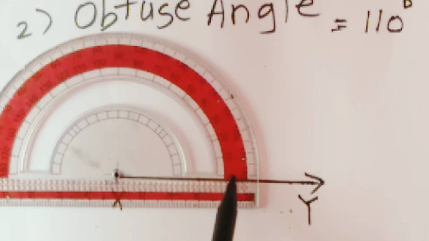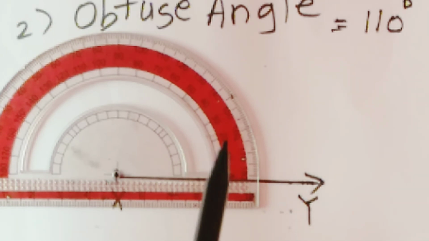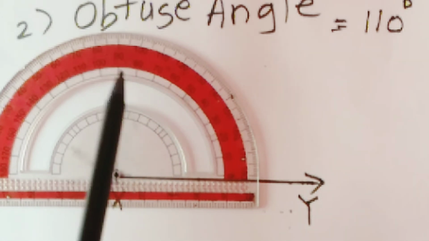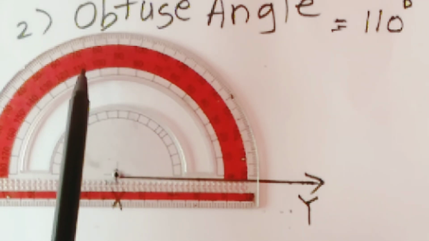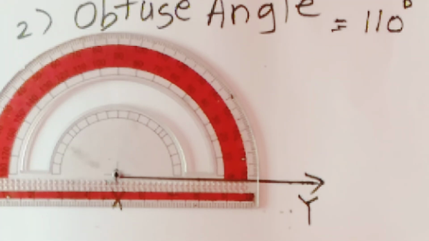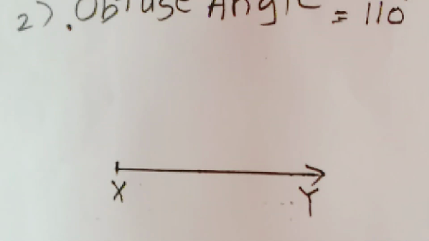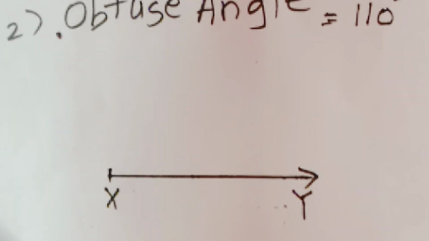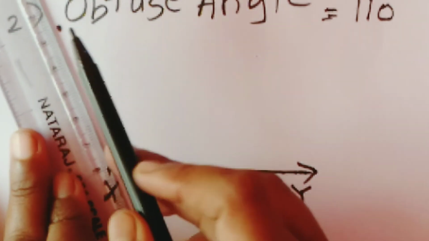From 0 here: 0, 10, 20, 30, 40, 50, 60, 70, 80, 90, 100 and 110. Where is your 110? Point this 110. Mark it there.